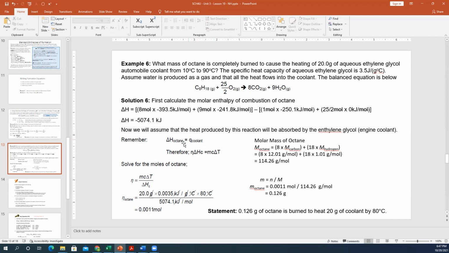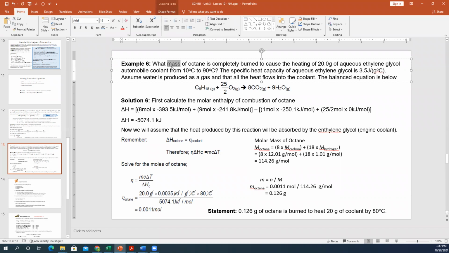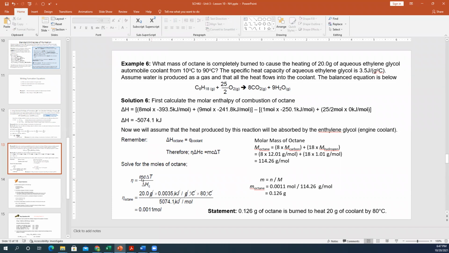So this is actually that same equation of Q is equal to MC delta T, and Q is equal to delta H times however many moles. We need to know however many moles because we can use that together with the molar mass to find out how many grams, what mass of octane, is what we were being asked.